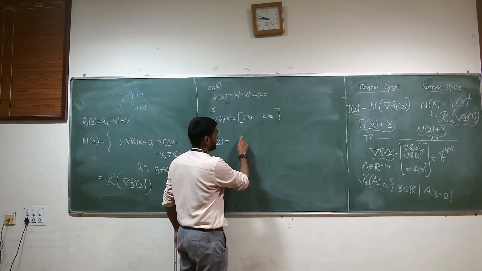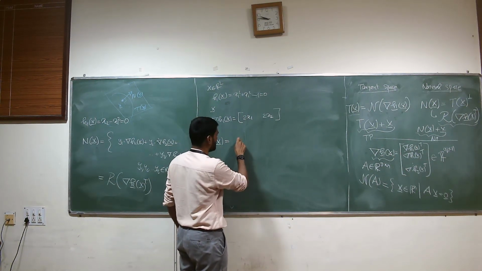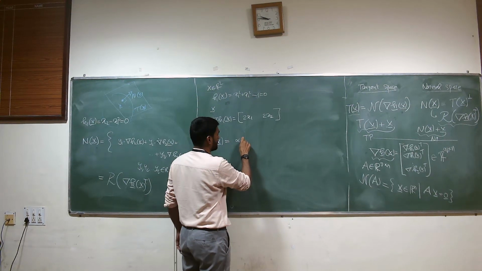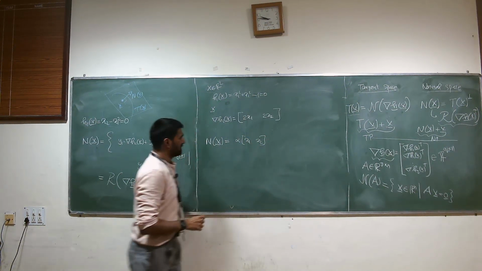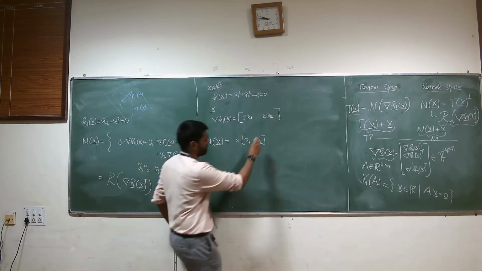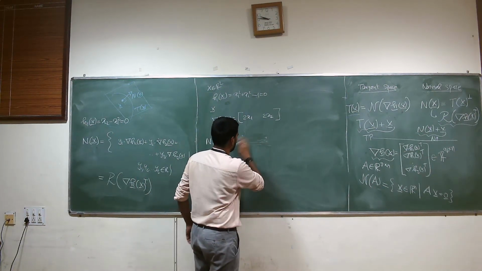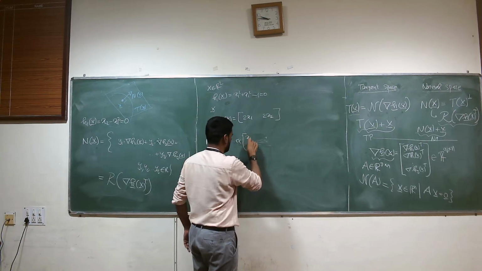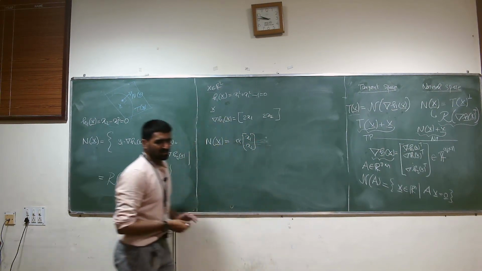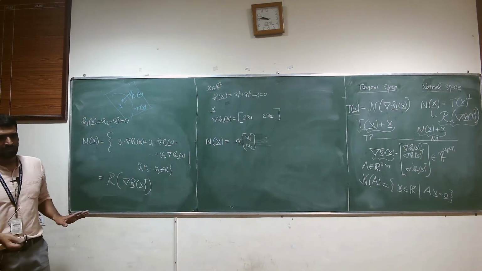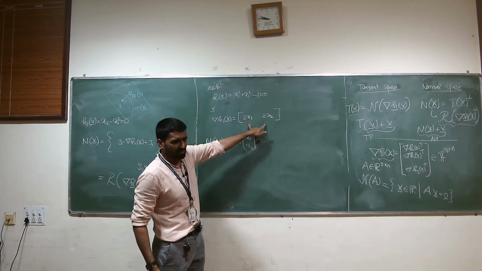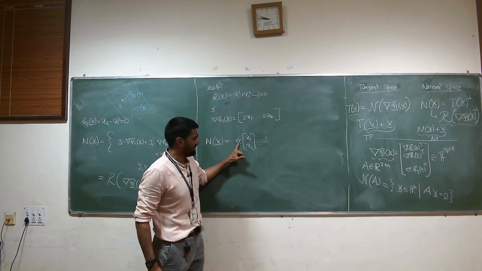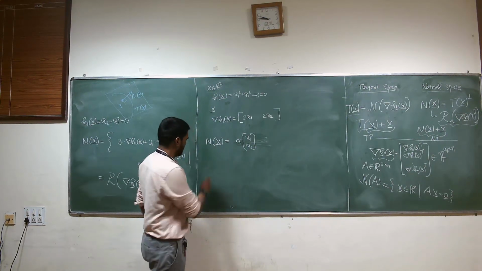That means it's a set of vectors which look like alpha times this vector. I've essentially taken the 2 out and incorporated that into my alpha.